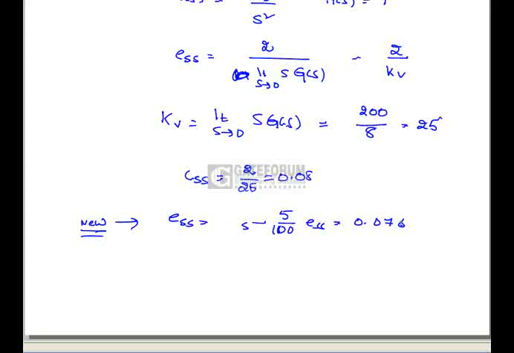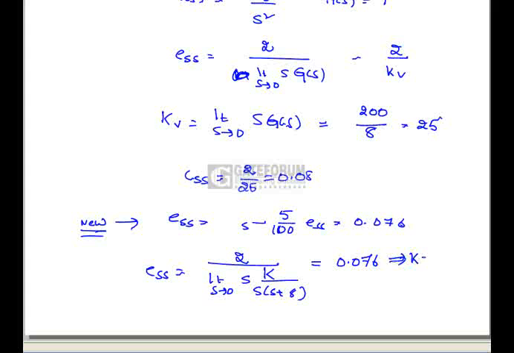So the new steady state error is given as 2 by limit s tends to 0 of s times K by s into s plus 8, which equals 0.076. If we solve this equation, we get K as 210.52, which is option B. So B is correct.